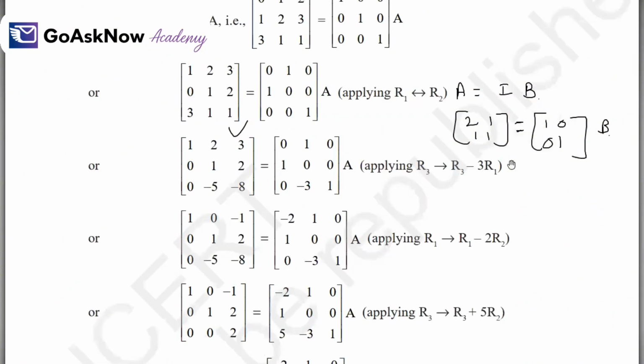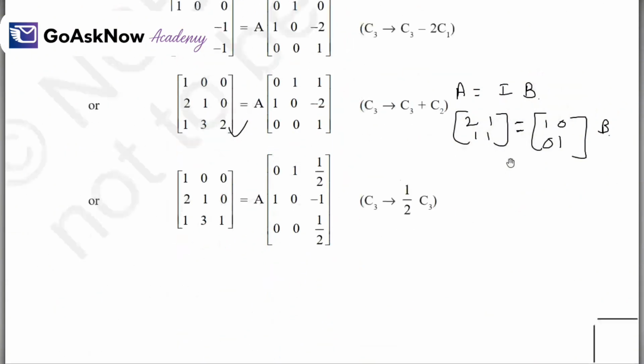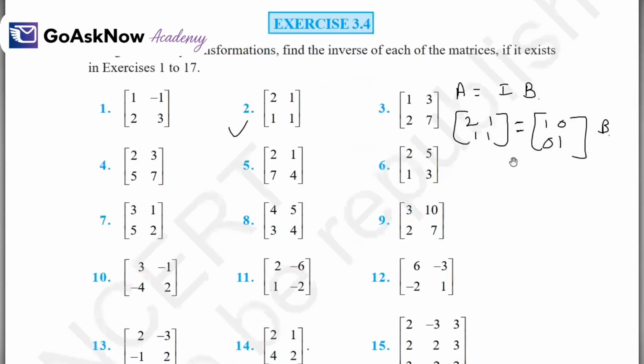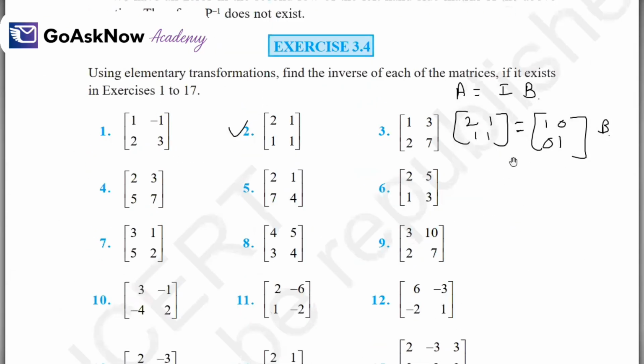So let's do this question. A equal to IA can be written like this only. So this is your A here. Now do some row operations on the left hand side, similarly for the right hand side.